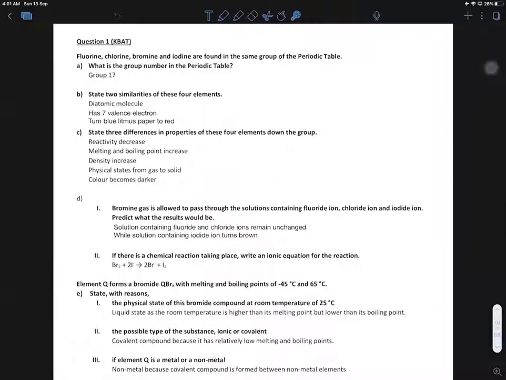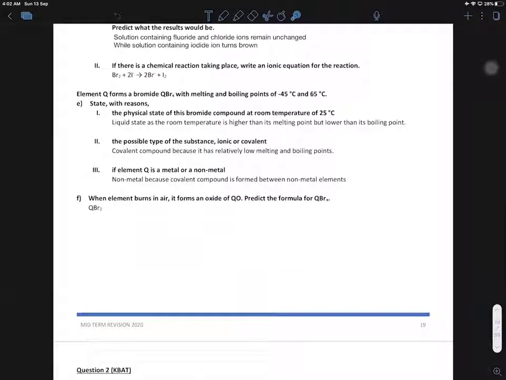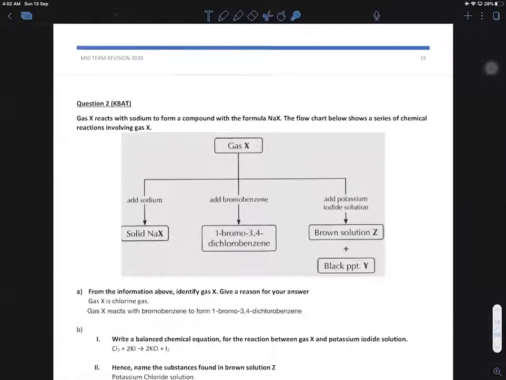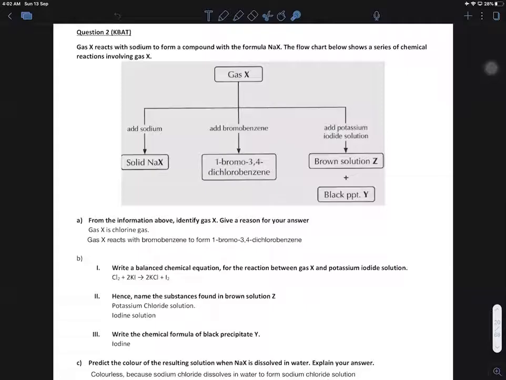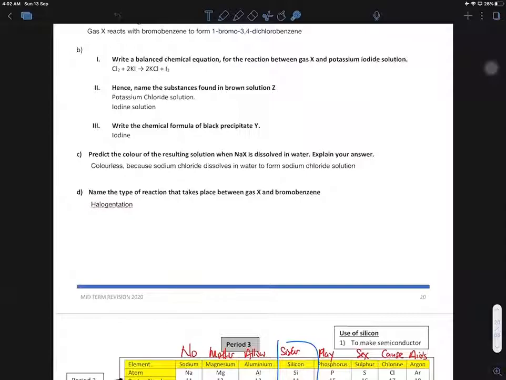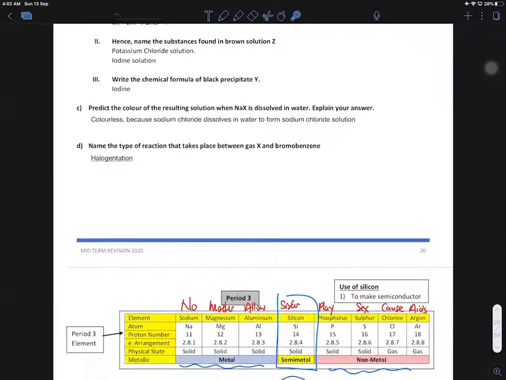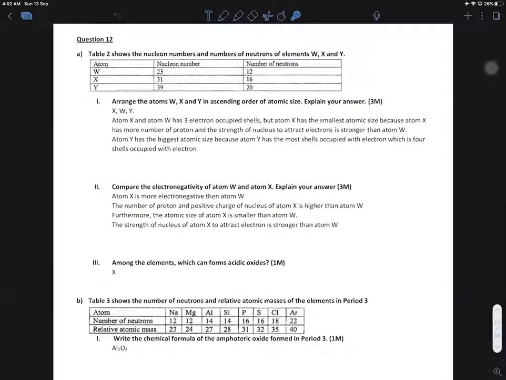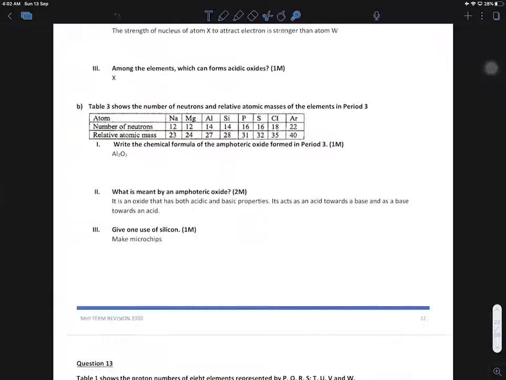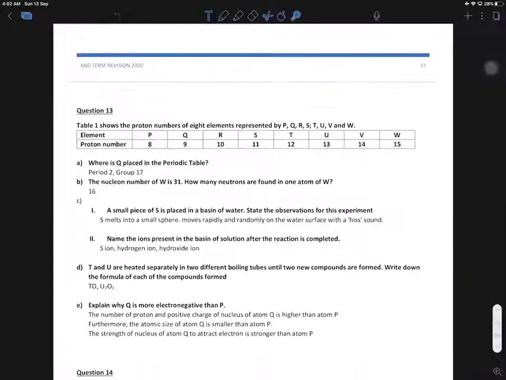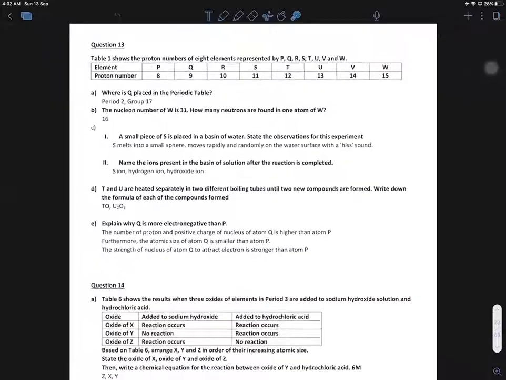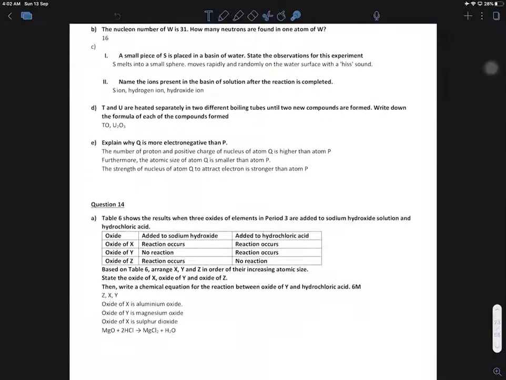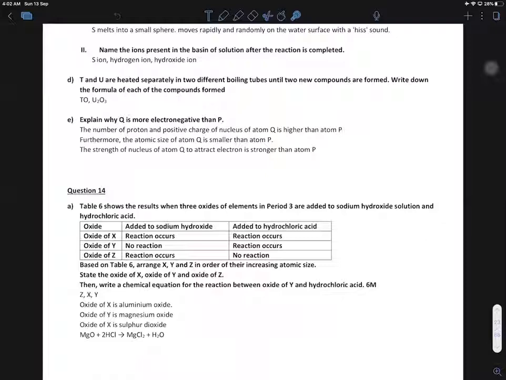Page 19. Page 20. Period 3. Page 22, which we have done in the class. Page 23. We have done the top part, so I think we need the bottom one.